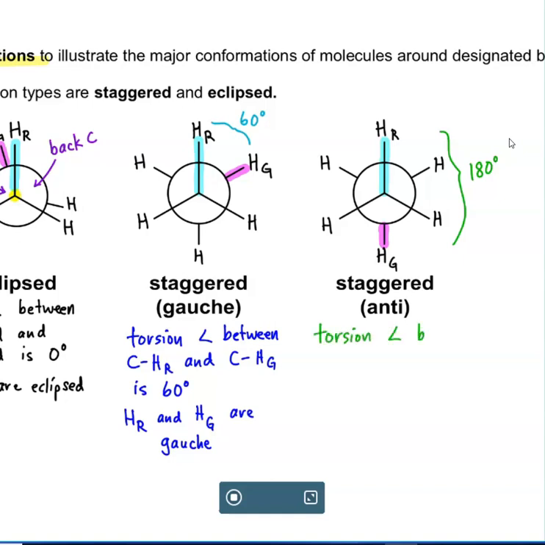So the torsion angle between the front carbon and HR and the back carbon and HG is 180 degrees. And so we would say that HR and HG are what is called anti.